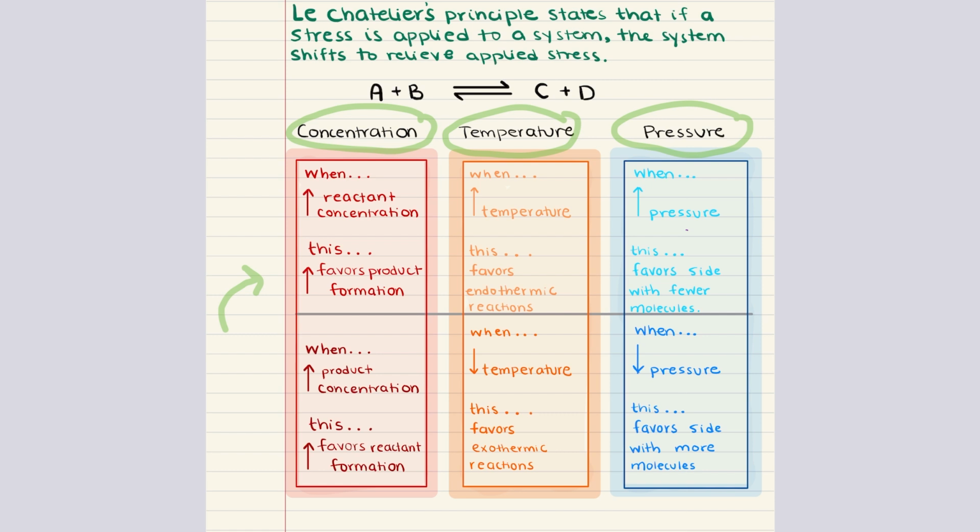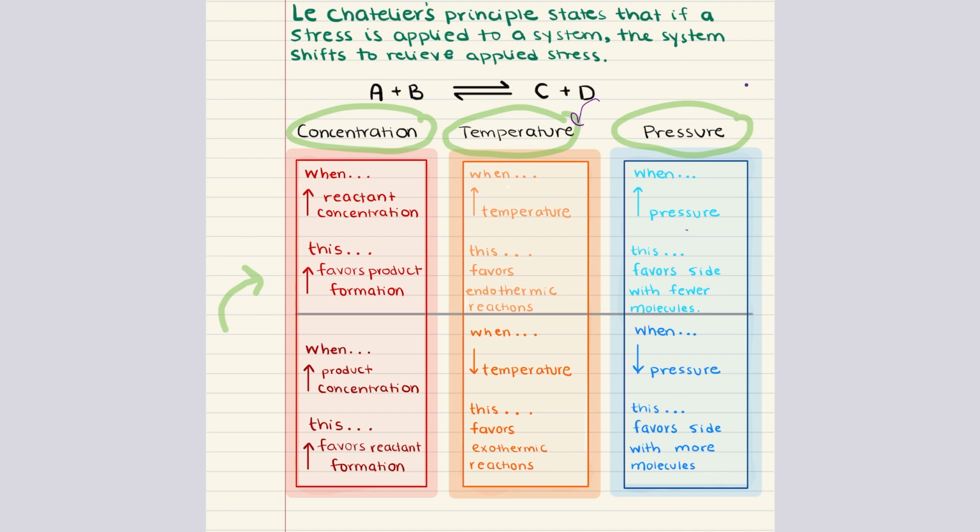The system is going to shift to counteract the change, moving away from added species or towards removed species. What about for temperature changes? For endothermic reactions, increasing temperature favors products while decreasing temperature favors reactants. For exothermic reactions, increasing temperature favors reactants while decreasing temperature favors products.